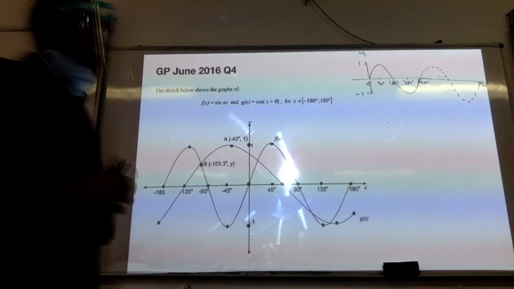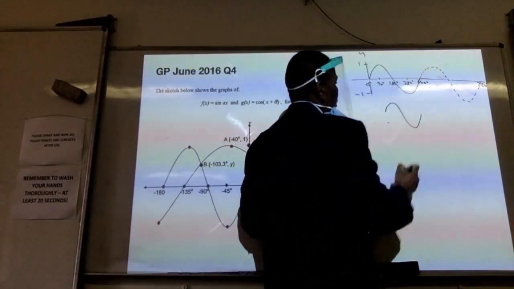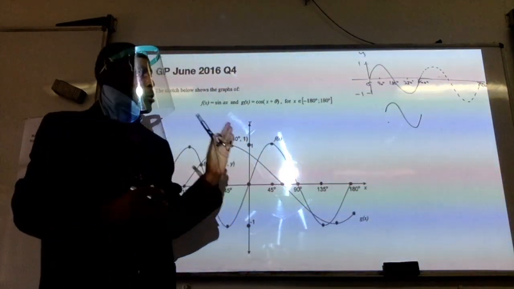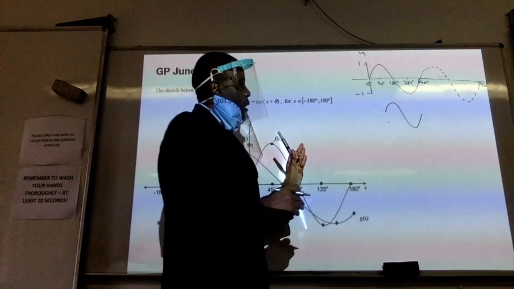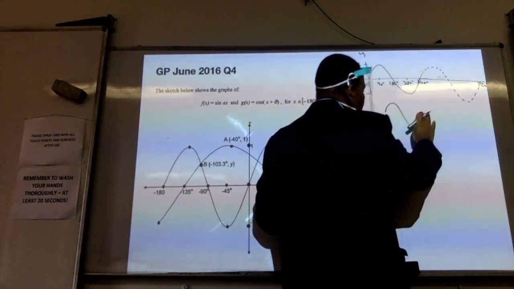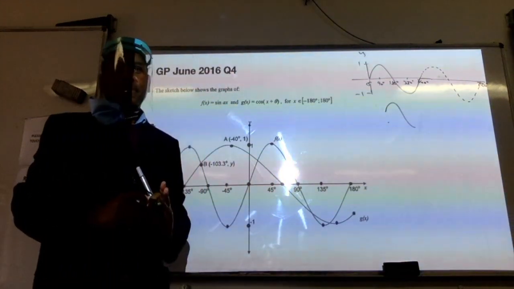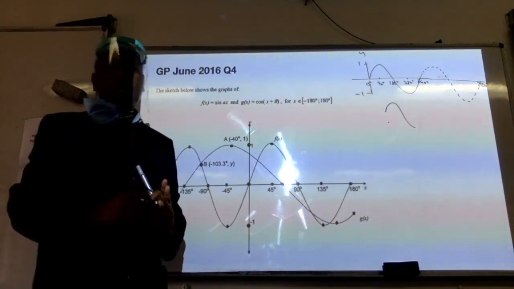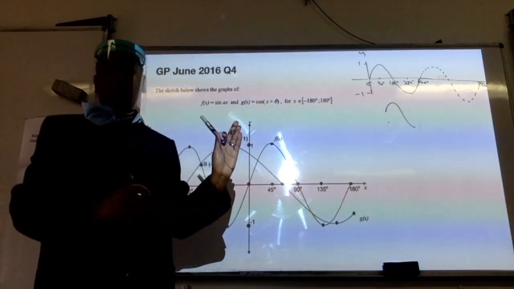So I think the best thing is for you to know the general shape of a complete period for sine. It looks like that for sine. But you could get a graph that is like this, and I call that the graph of sine. Do you agree? I've just removed a portion of it.